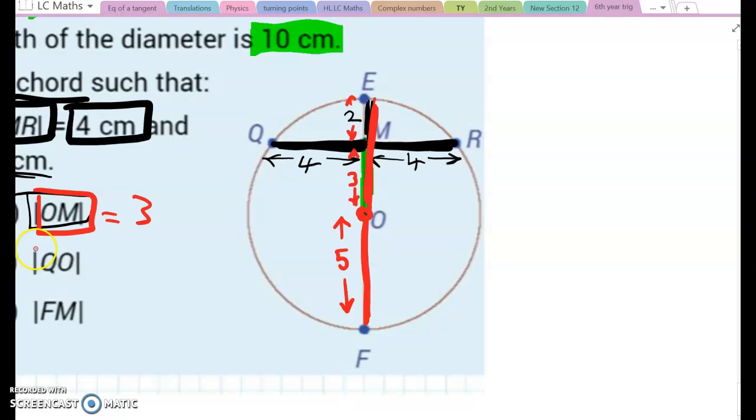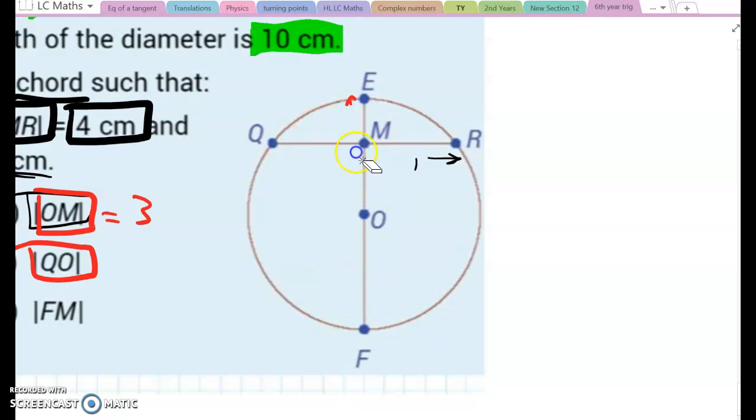Now they want us to find QO. So QO is here. Now, you might think there isn't even a line there, but you have to imagine that there is a line there, Q to O. And I think it's much easier when we just rub out the bits that we've already done and see.